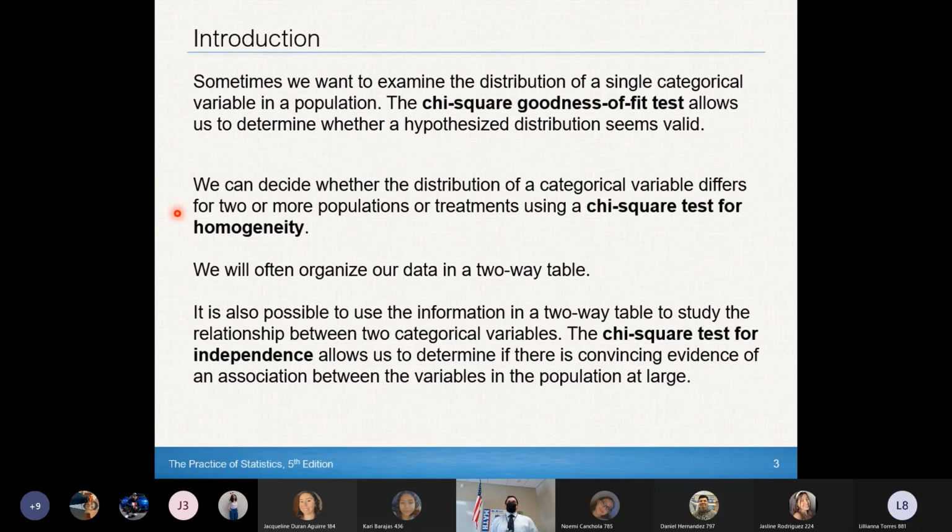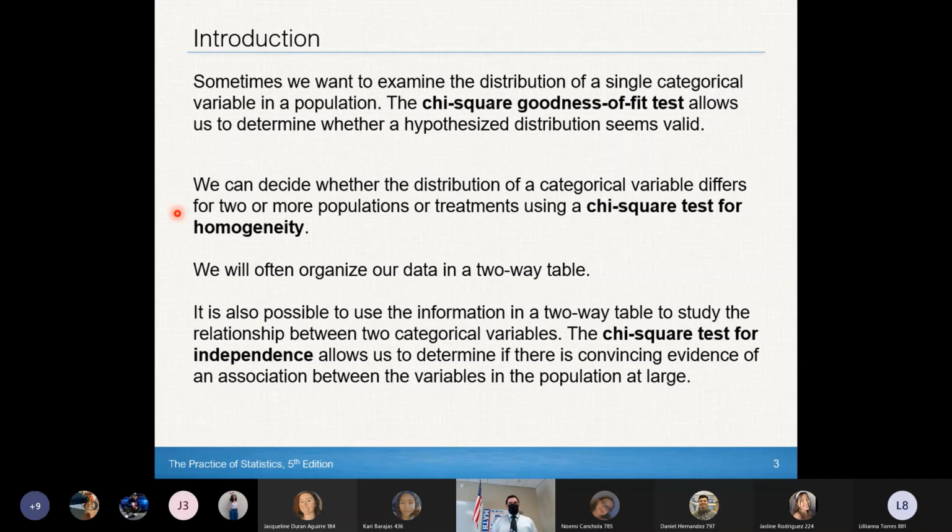All right. We will often organize our data in a 2-way table. We've seen 2-way tables in previous sections. It is also possible to use the information in a 2-way table to study the relationship between 2 categorical variables. In other words, is there an association between the 2 variables or are they independent?